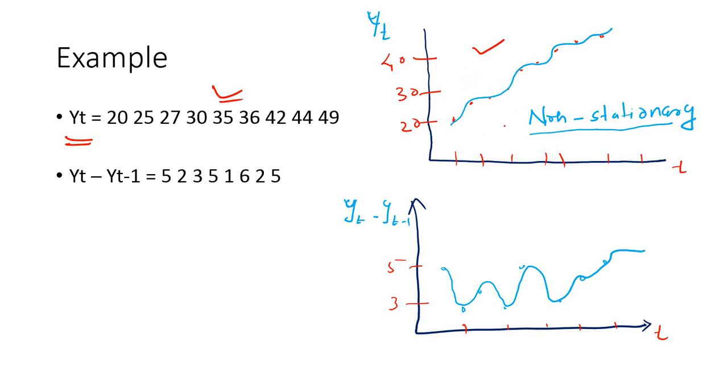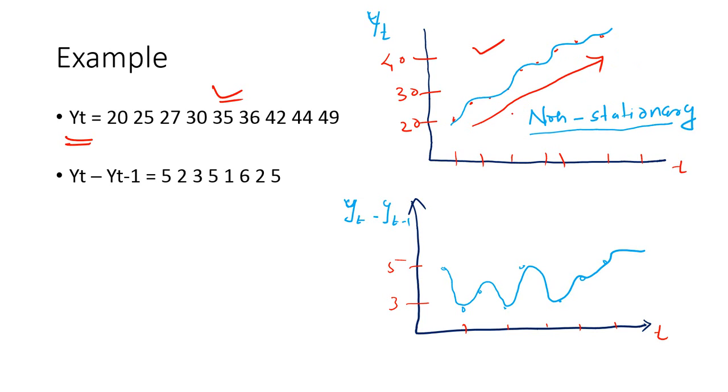One of the important aspects of a stationary series is that every time it goes up, it also comes down once in a while, so that it reverts back to its own mean or average value. That doesn't happen over here. You can see a constant upward trend, and it's simply growing. The mean is going up.